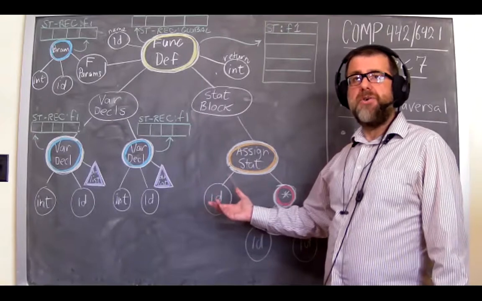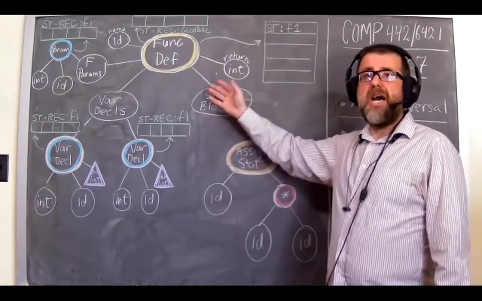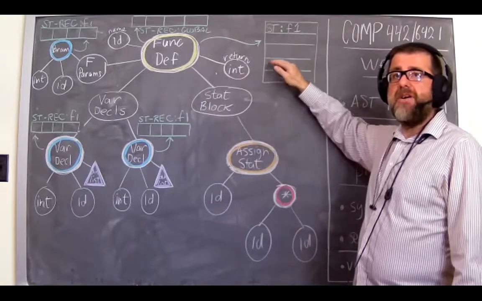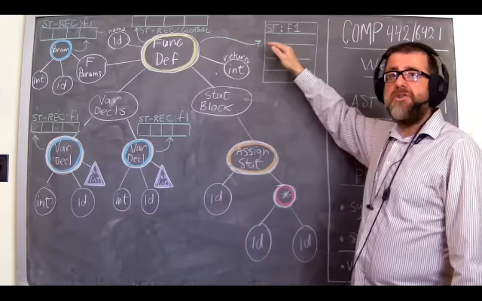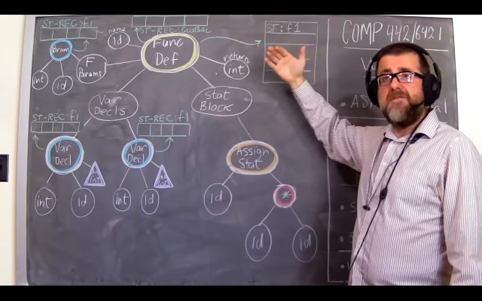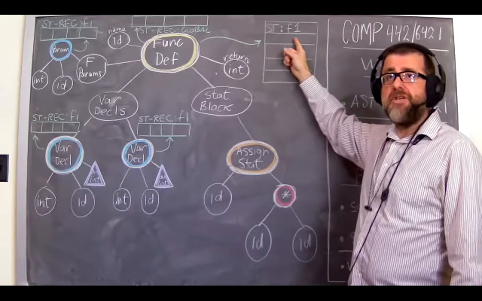How would I know that? Essentially what I want to achieve is this symbol table, which is a dictionary of entries, and each of these entries defines an identifier that is valid inside the scope of this function f1.